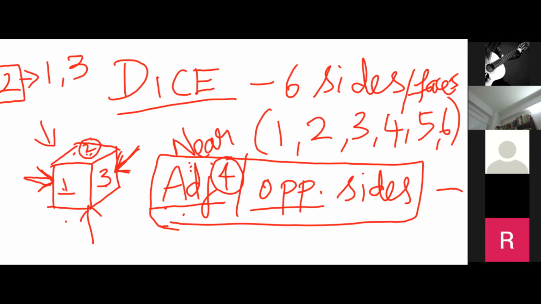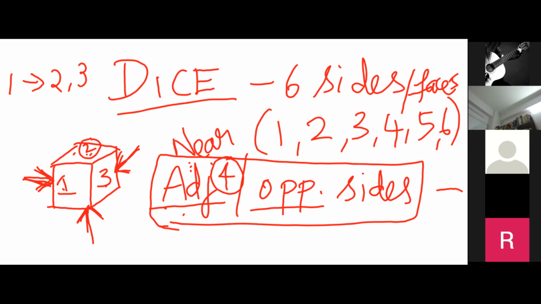If the question is to list out the adjacent sides for the number 1 of the dice displayed, from the visible portion I would say 2 and 3 are 2 adjacent sides. The other 2 will be from the left side and from the bottom.